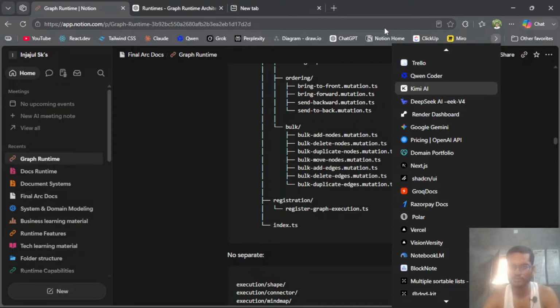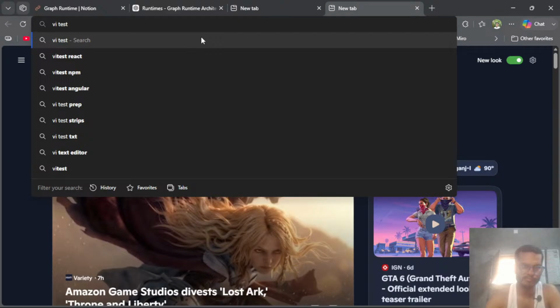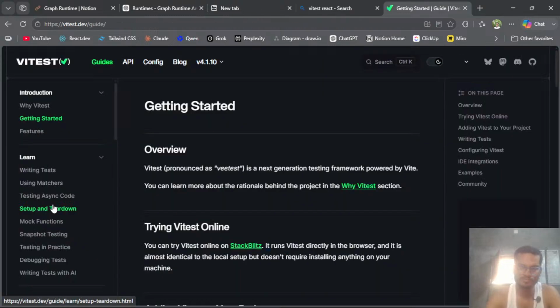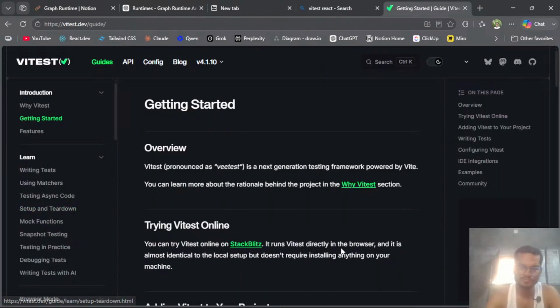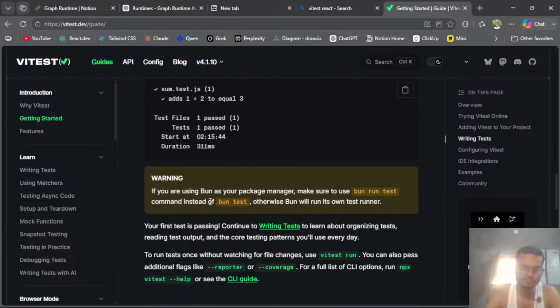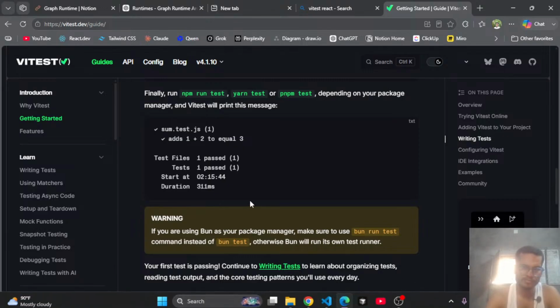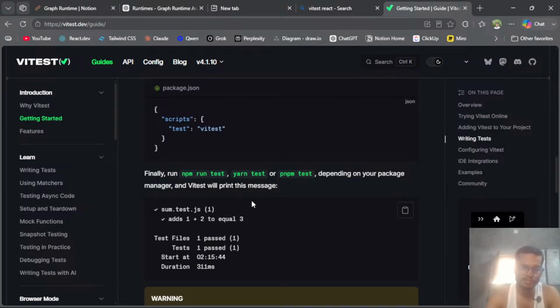I'm using Vitest. This is the platform. You can look at Get Started, and you can install it like this. Okay, so this is the command: npm run test.